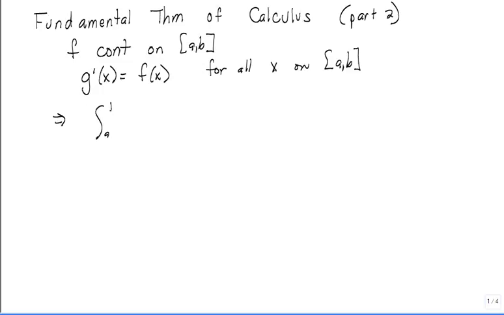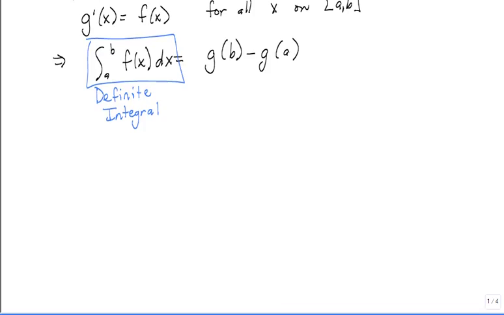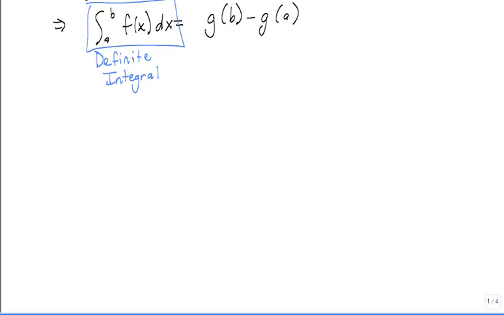Then you can say the integral from a to b of f of x is g of b minus g of a. Now, when you have limits like this, this is called a definite integral from a to b. So this is a way to evaluate our integrals.